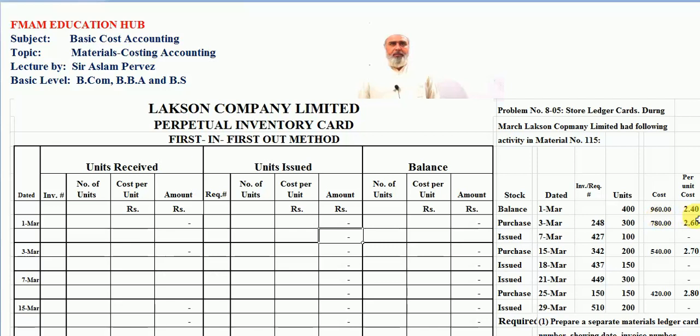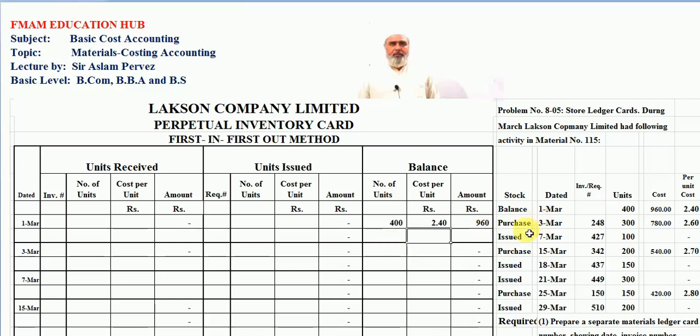Firstly, we have to record the opening balance in the balance column, on the date of 1st March: 400 units, the rate is 2.40, and the amount is 960 rupees as the opening balance.